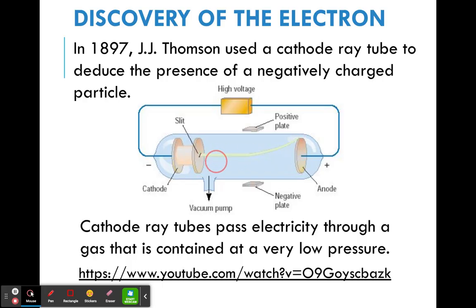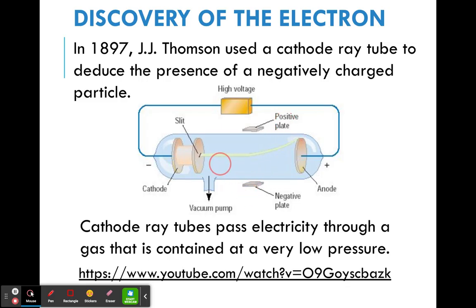And so what he did was he put some positive and negative plates on either side of the tube. And what he noticed, any time he did this experiment with any substance whatsoever that he was able to do it with, he found that whatever this was, it bent towards the positive plate, and it bent away from the negative plate.